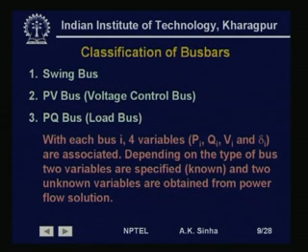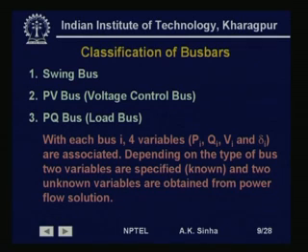So, we have different types of bus bars in a power system, and the solution of the power flow equation depends on the type of the bus bars that we have. As I just mentioned, we have a slack bus where we do not specify the generation, but we specify the voltage magnitude and the angle.